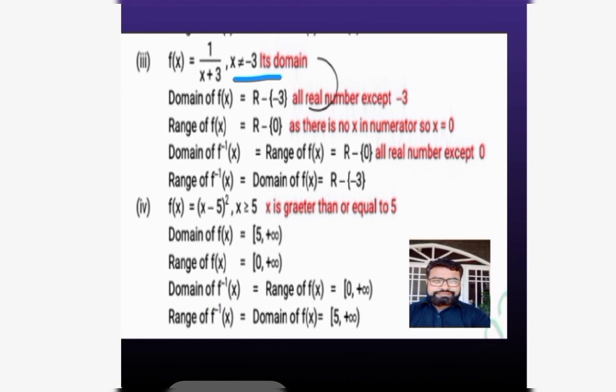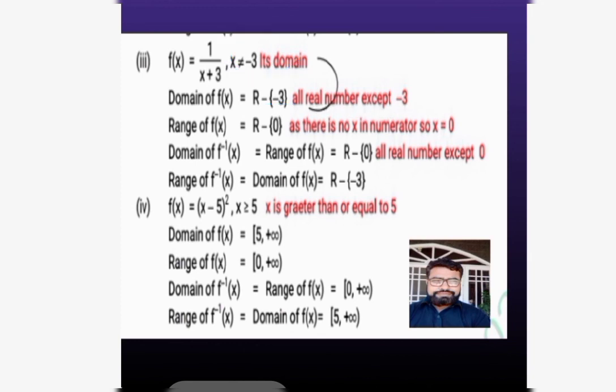We will follow this rule. x is not equal to minus 3, so the domain is the set of all real numbers except minus 3. So we have to subtract minus 3 from the set of real numbers.